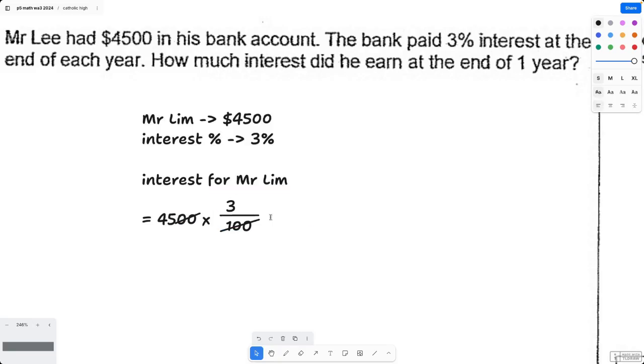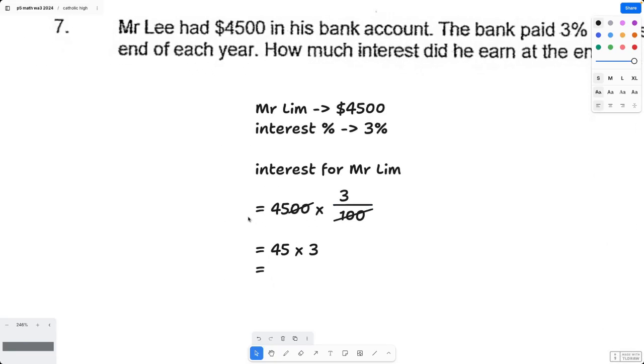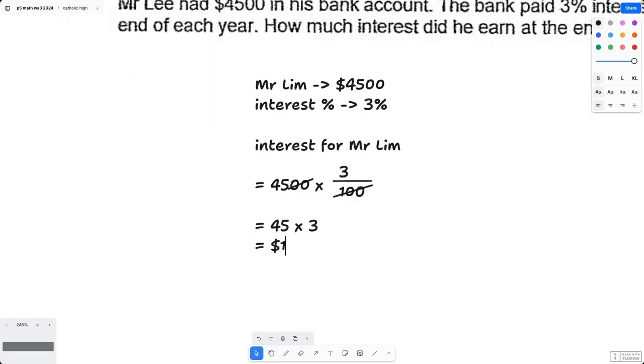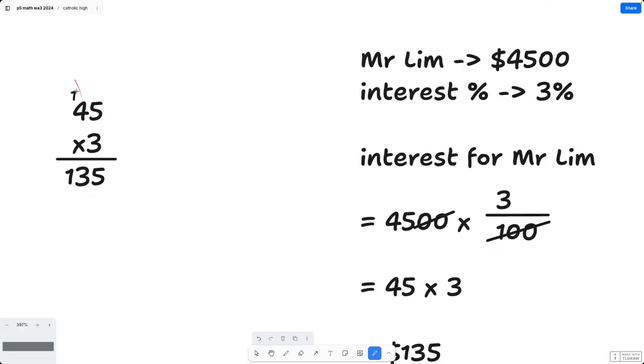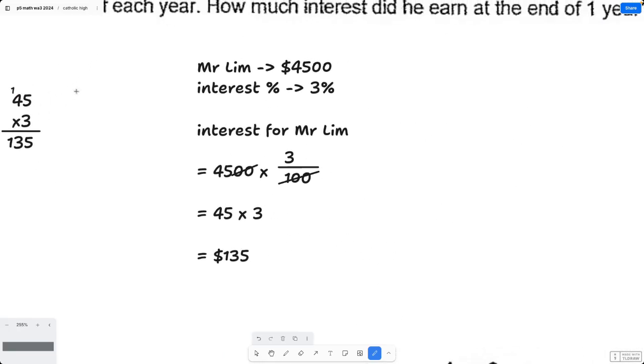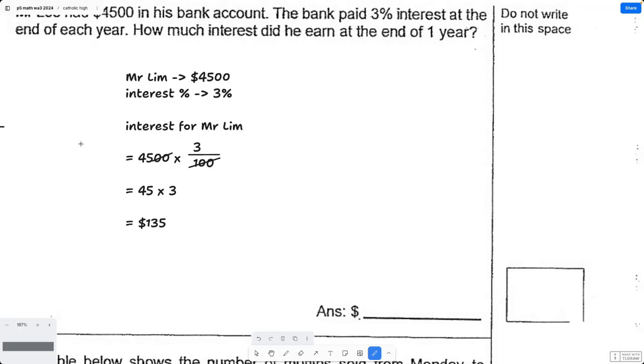And this will give us 45 times 3. Okay, what would this give us essentially? So if you use mental calculation, it is $135. Okay, so if I were to do the workings, it will look like this, right? So 5 times 3 is 15, 5, 1 here. 4 times 3 is 12, plus 1 is 13. So $135.